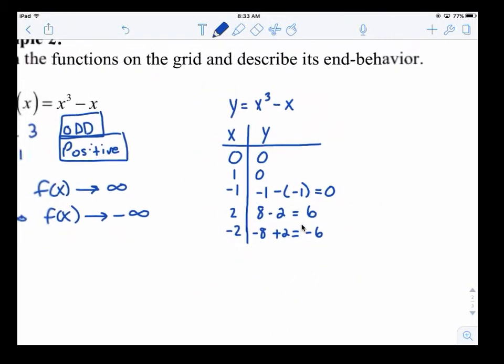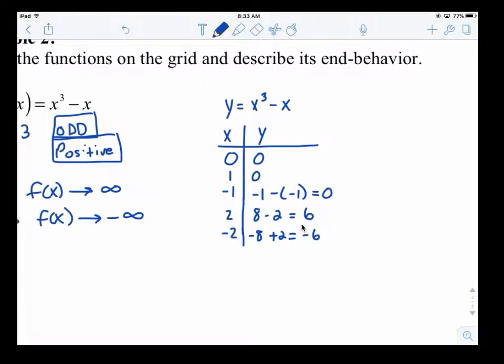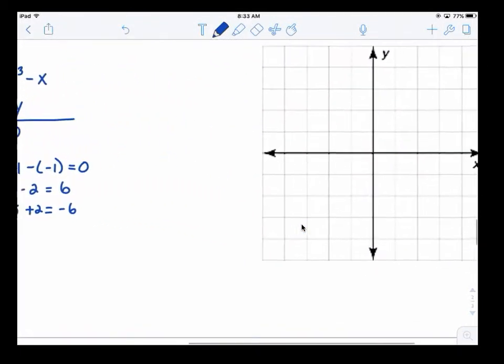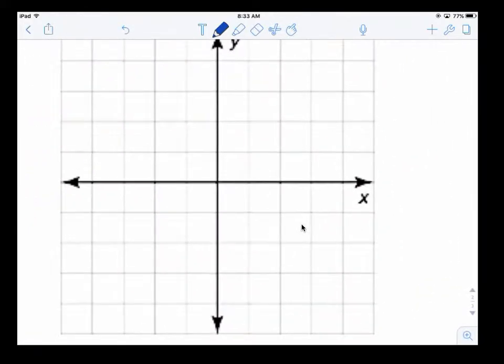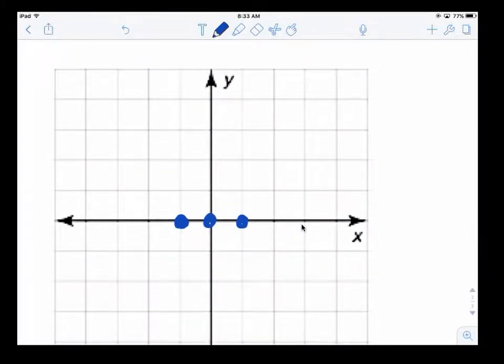All right, so I would put all those points on the graph. So you have 0, 0, 1, 0, negative 1, 0, 2, 6, negative 2, negative 6. All right, so we have 2, 6.